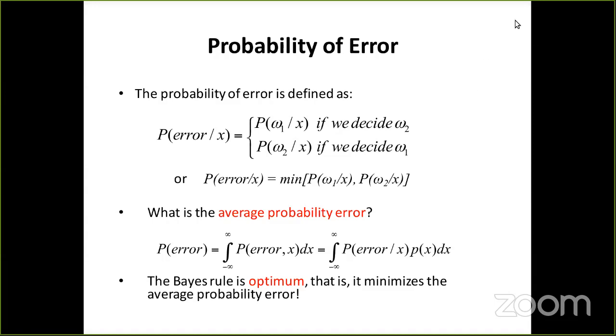So I see a question. Yes, sir. As we've discussed before, the X which we're talking about here, is it a feature or is it a sample in the data? Is it a feature like the length of the fish, the weight of the fish, or is it a sample containing many features?